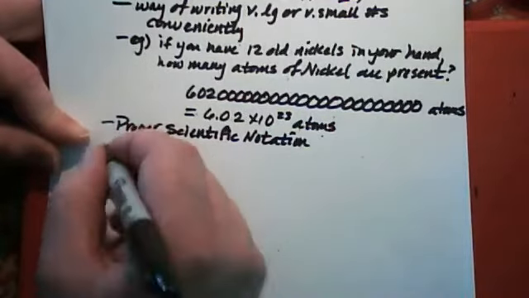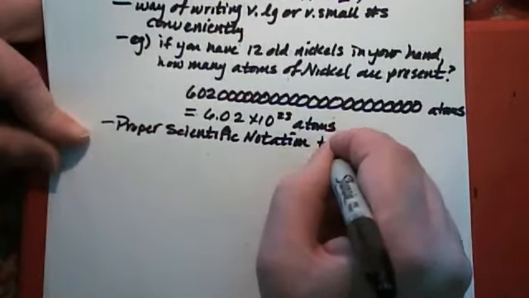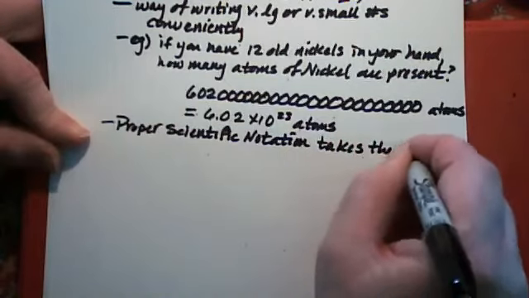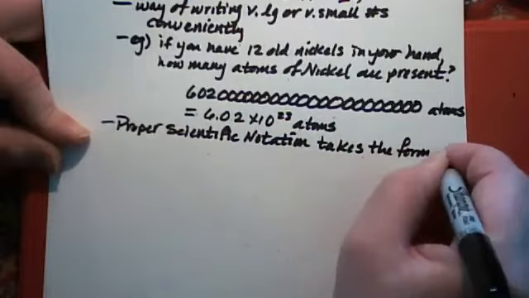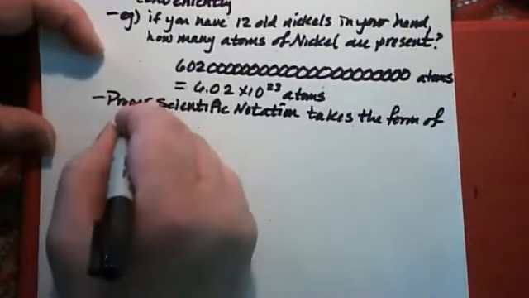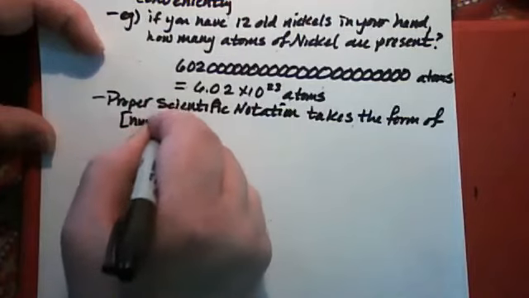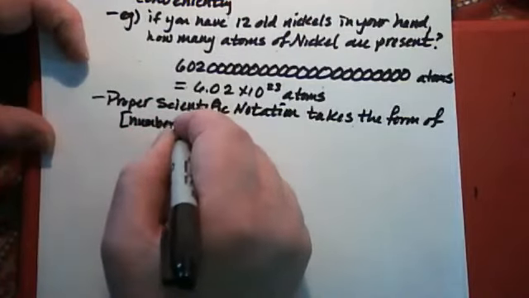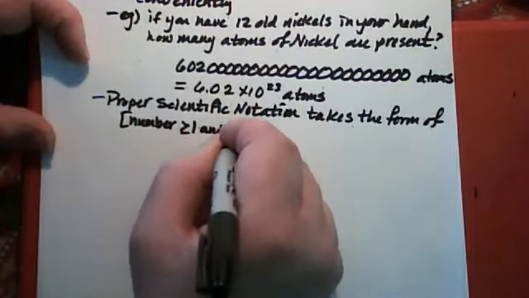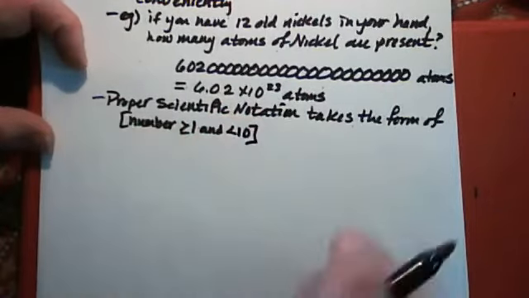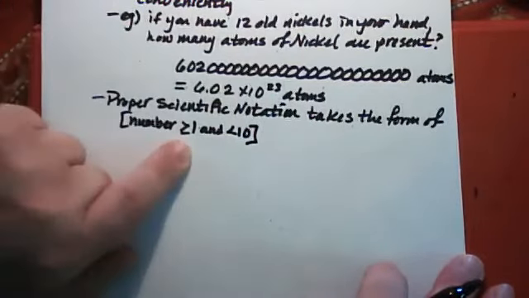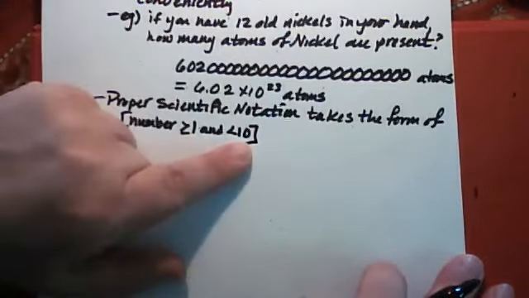Okay, so properly, scientific notation takes a certain form. And that form is a number between 1 and 10. Actually, it can be equal to 1, but it can't be equal to 10.